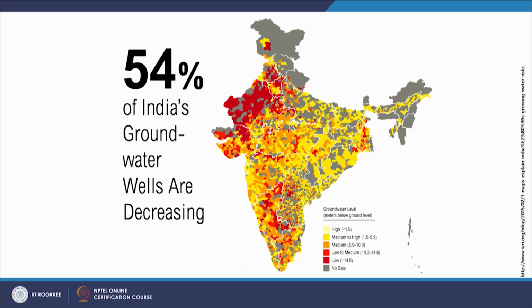It clearly shows that if recharge is done systematically in our monsoon season, then we can reverse this declining scenario.